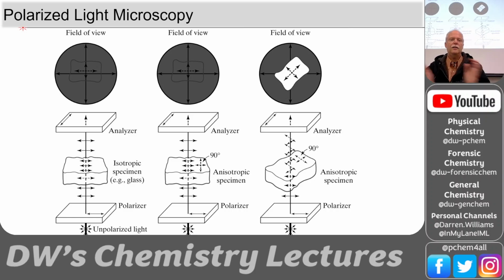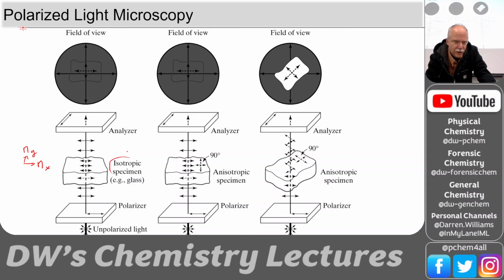Okay. Now let's look at polarized light microscopy. This is so fun. Okay. So if we have an isotropic specimen, one way to think of isotropic is you've got refractive indices that go in certain directions. Okay, you've got a refractive index n in the x direction and a refractive index n in the y direction.